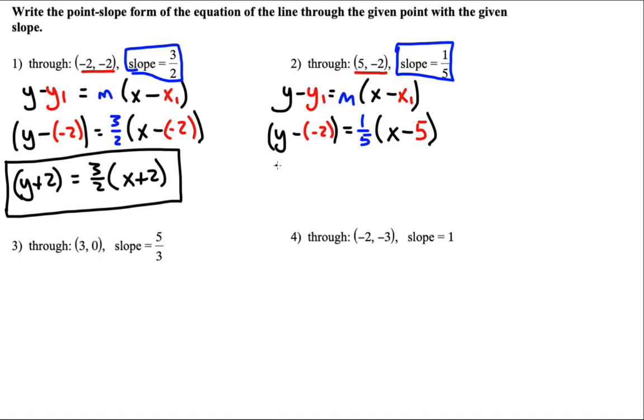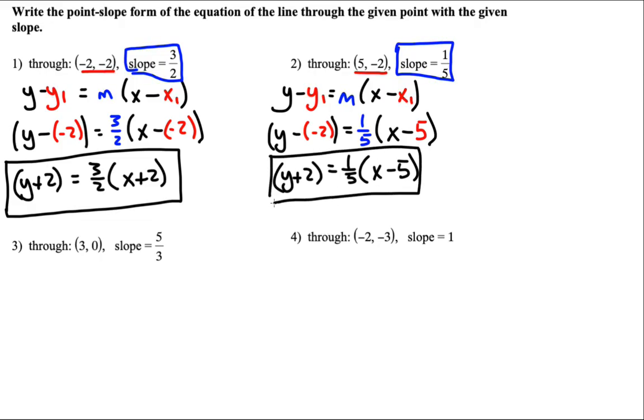So now I can just simplify this a little bit because I have a minus minus, which I can turn into a positive. Y minus -2 is the same thing as y plus 2. And that's going to equal 1/5 times x minus 5. There's nothing to do here. X minus 5 is already simplified, so I can just leave it like that. So here's my final answer.